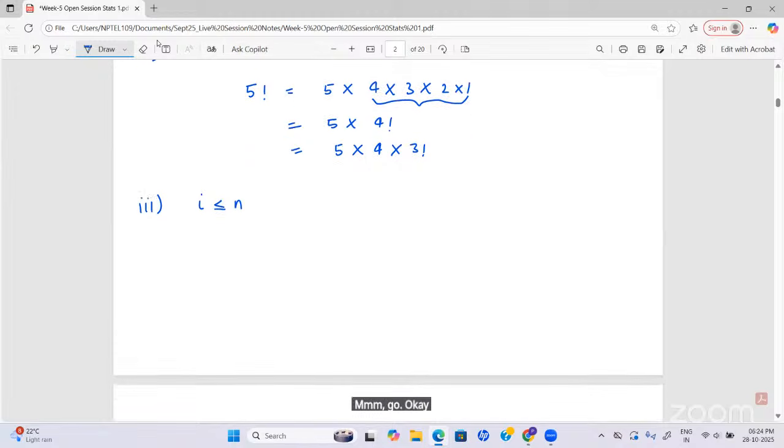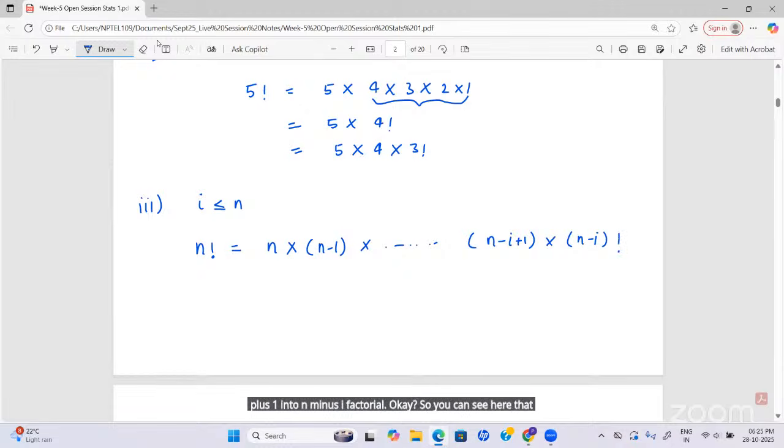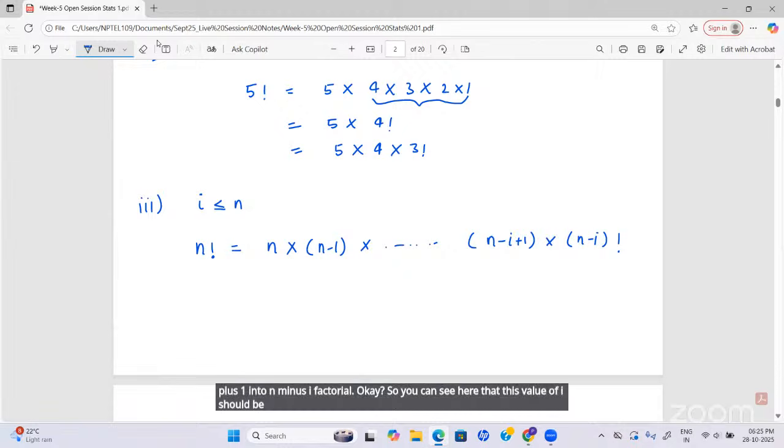So suppose i is less than or equal to n, then what can I write? n factorial is equal to n into n minus 1, and it goes up to n minus i plus 1 into n minus i factorial. So you can see here that this value of i should be less than or equal to n.